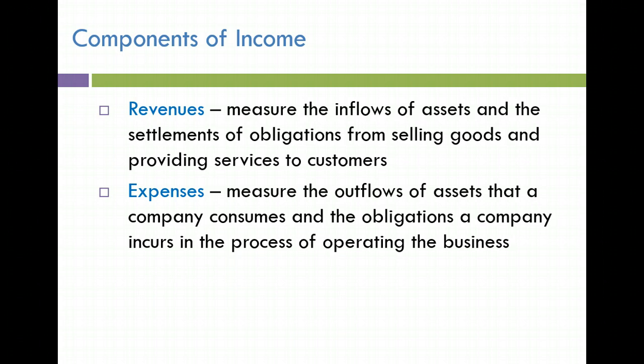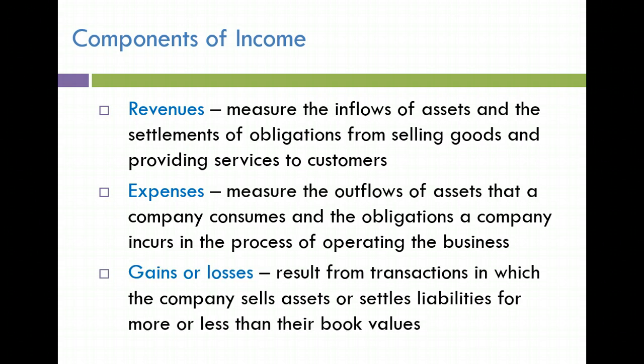At this school, the revenues would be tuition or possibly grant monies. The outflows or the expenses would be the utilities, the depreciation on these buildings, the instructors, the classroom equipment. We need those expenses in order to provide a service to you, which ultimately we get revenues from. Make sense?